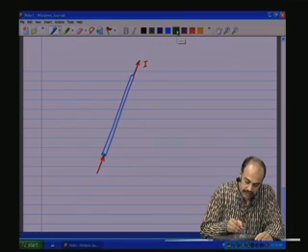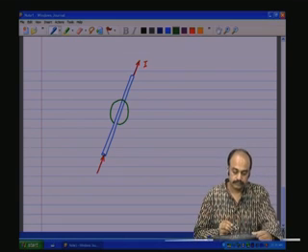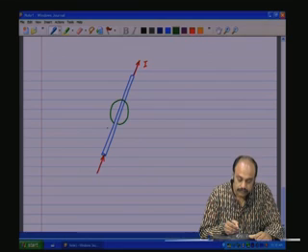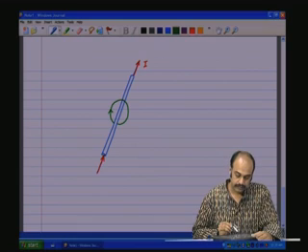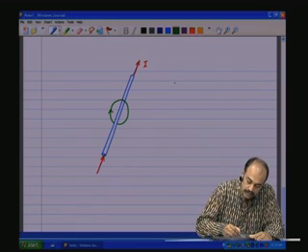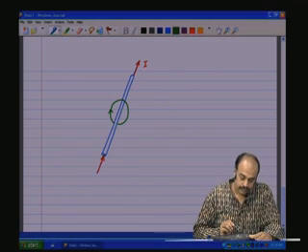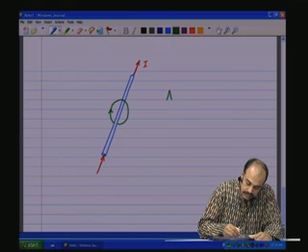So there will be a magnetic field around this conductor with some direction, and this law is called the Ampere's law.